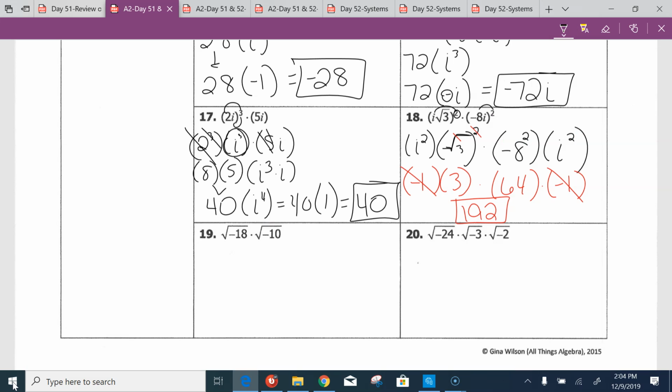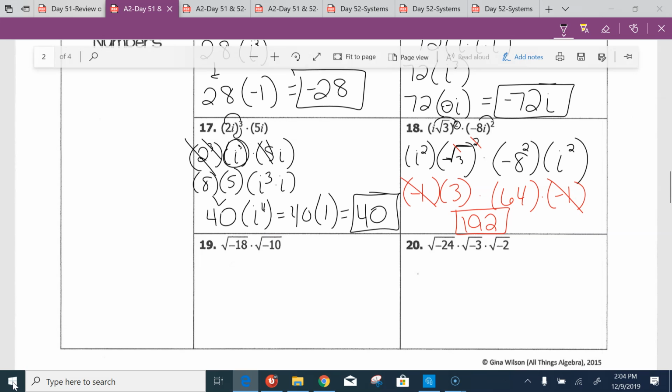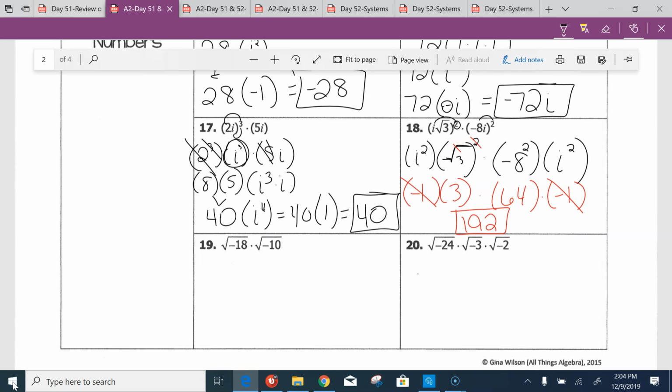Number 19, I have square root of -18 times the square root of -10. So I'll break these up. What I really have for -18 is the square root of -1, like we did in the beginning, times the square root of 18, times the square root of -1 again, times the square root of +10.